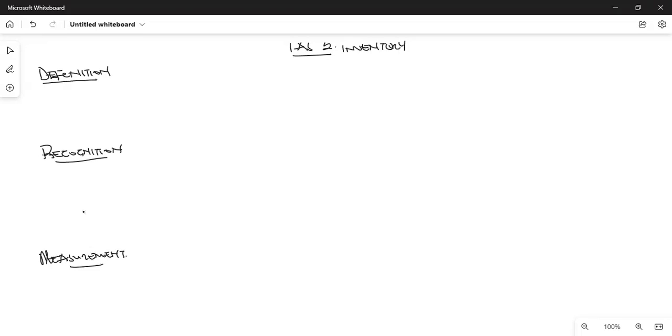Okay, so what is the definition of IAS 2? IAS 2 is about inventory. So what is inventory? Now, when we talk about inventory, what we are trying to look at is the assets.